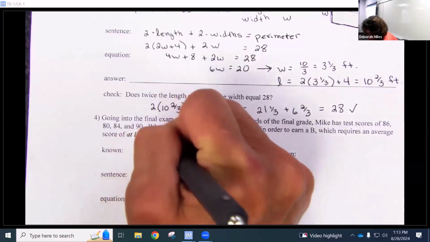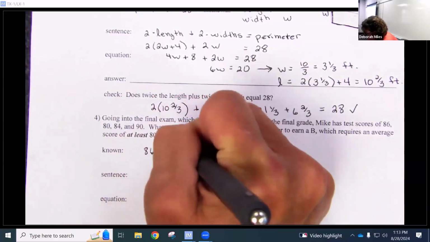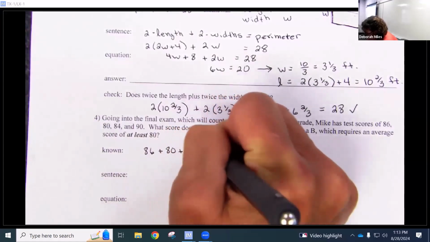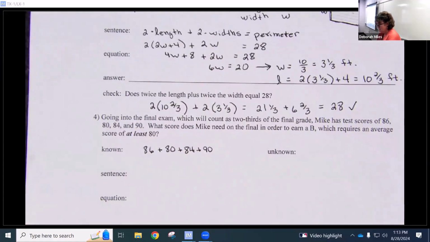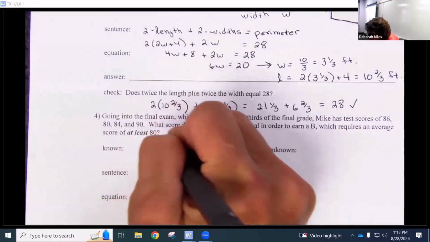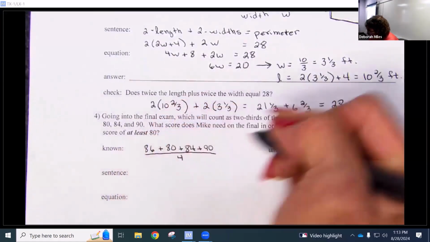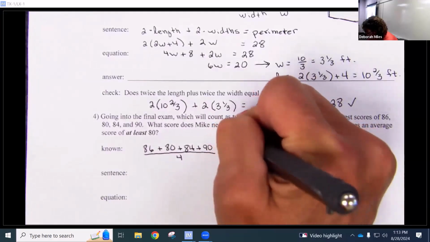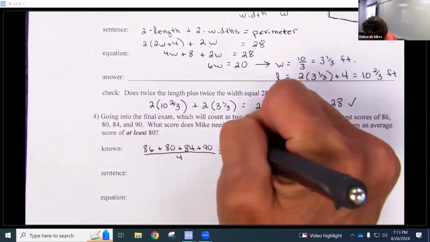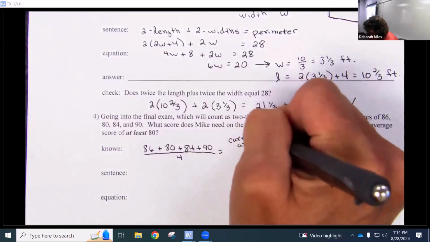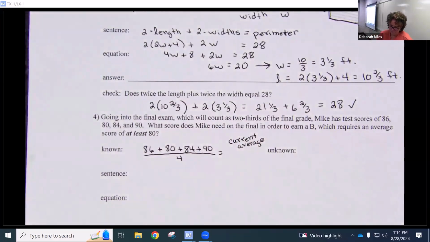86 plus 80 plus 84 plus 90. If I divide that by 4, I will get his current average, the average going into the final. Let me see what that is real quickly. 86 plus 80 plus 84 plus 90 divided by 4.